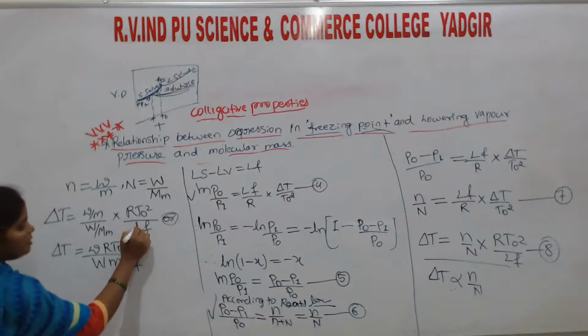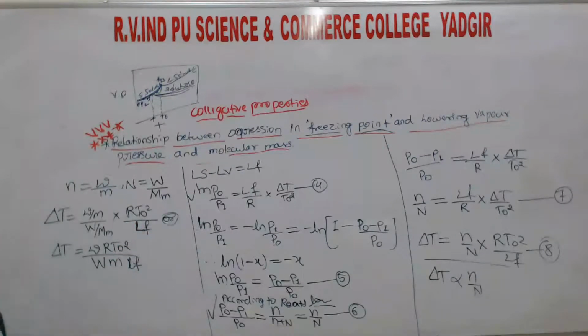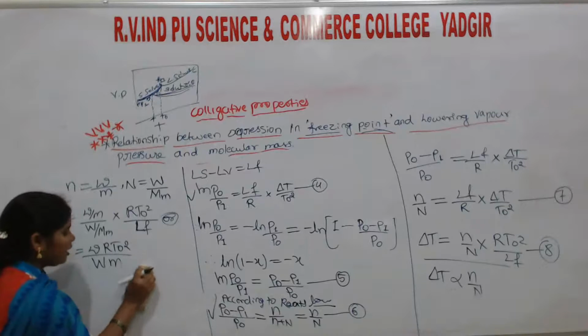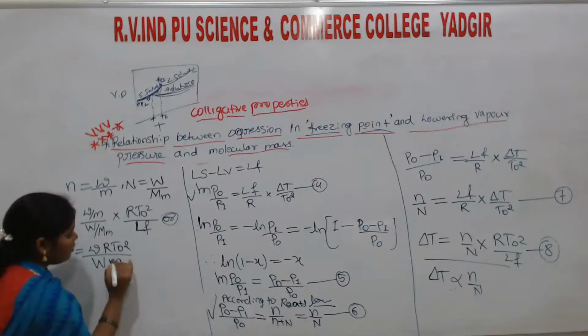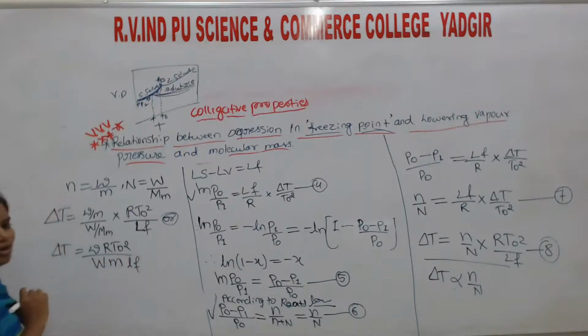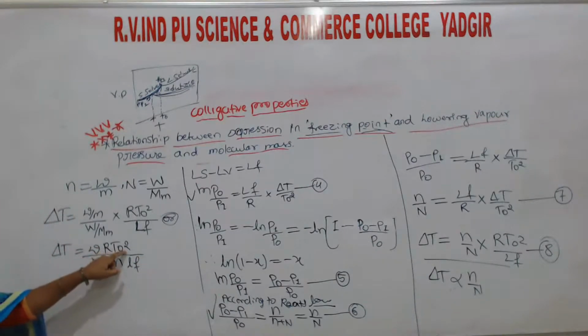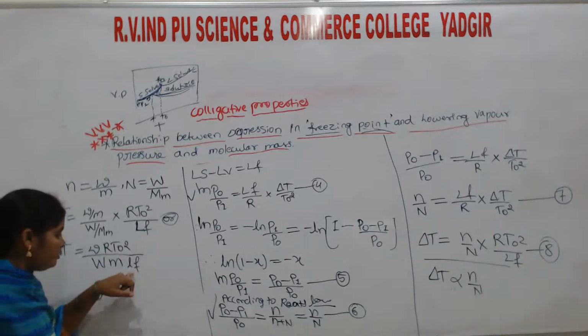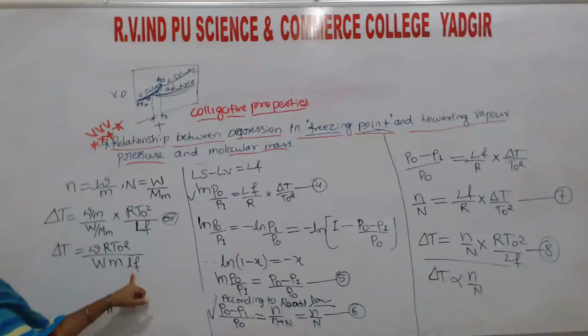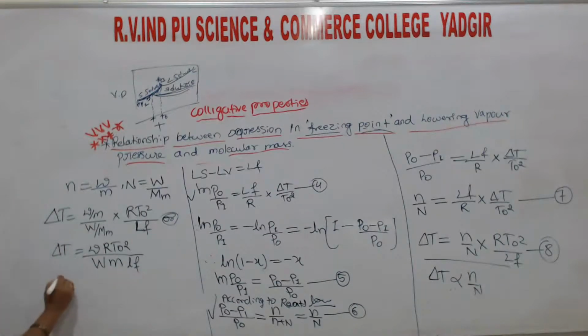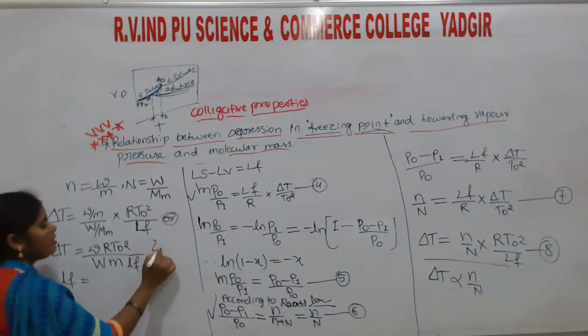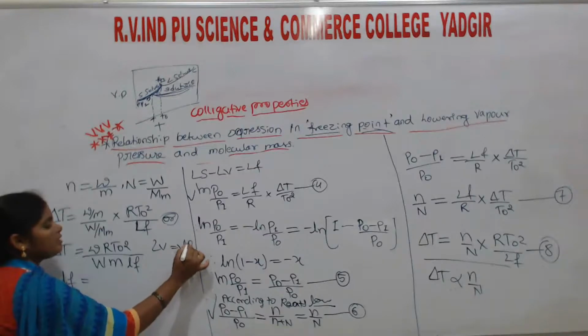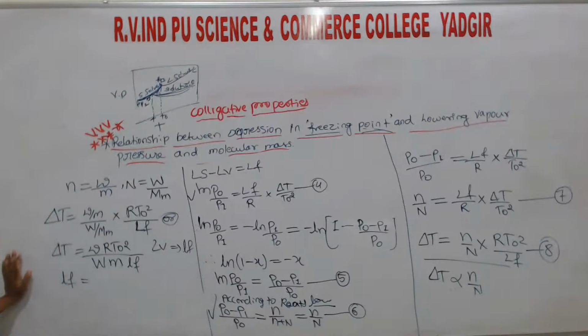This is a capital L F, this is a small LF. Delta T is equal to w R T naught square divided by capital W small m and small LF. Here LF means, in class derivation you took L, it is replaced by small LF.